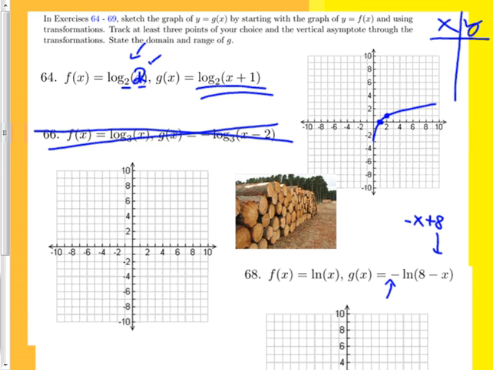How does that factor? What can you factor out of both of them that would be helpful? The negative. The negative factors out, and what do I have left on the inside? X what? Minus 8. Do you see how that's actually a move to the right of 8 and a reflect?